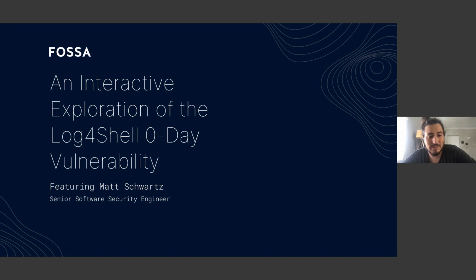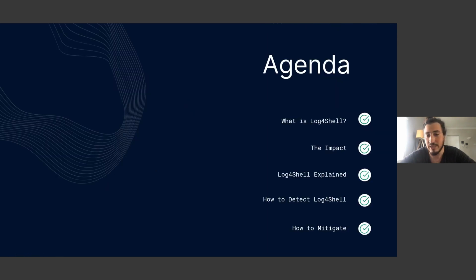So if you're here today, you probably are already aware of the Log4Shell zero-day vulnerability, but this talk is going to go into more detail about the technical insides of it, as well as how to go through mitigation steps. So let's start with an agenda.